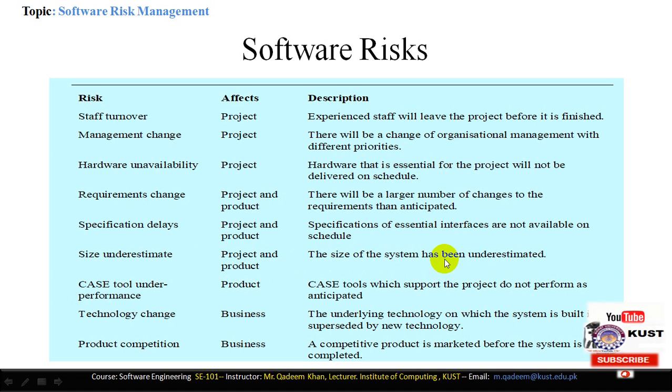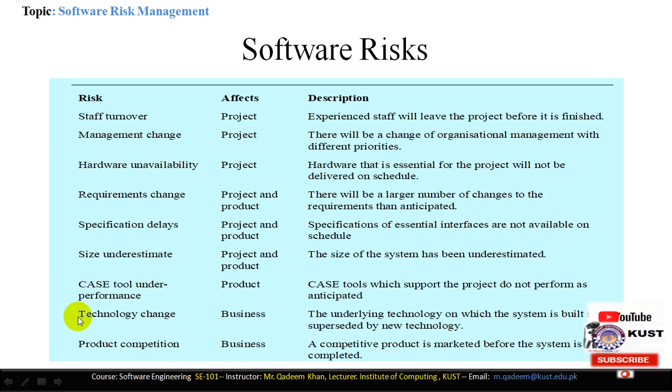If the project manager underestimates the size of the product, that means it is in fact very much larger than we understood. Then it will create problems of schedule, quality, and also budgeting.